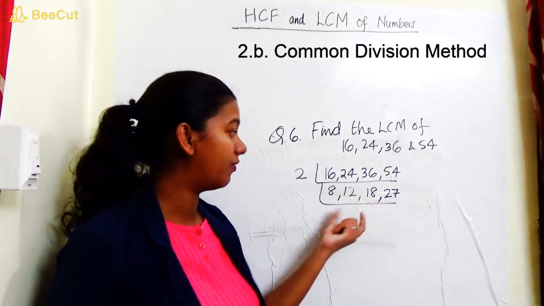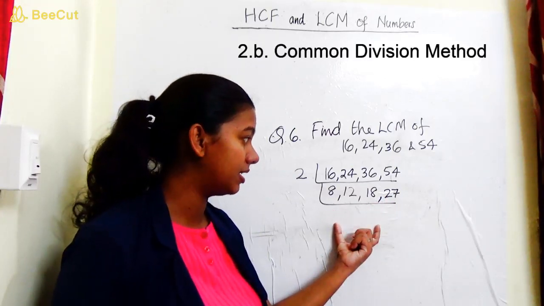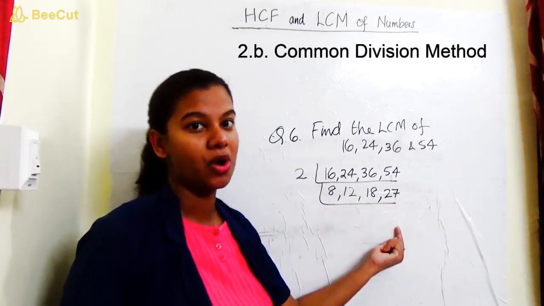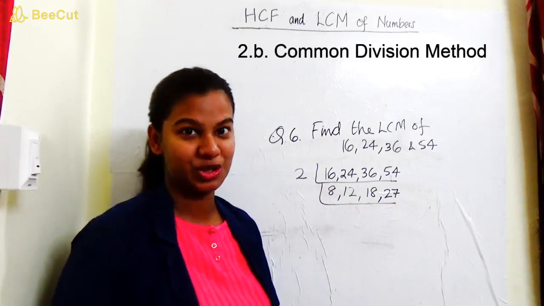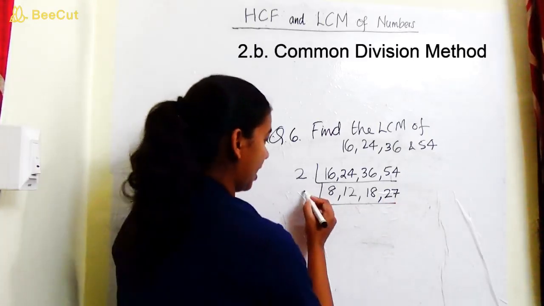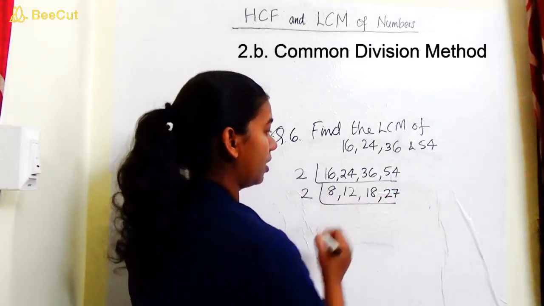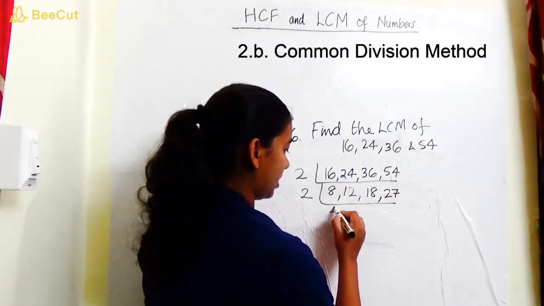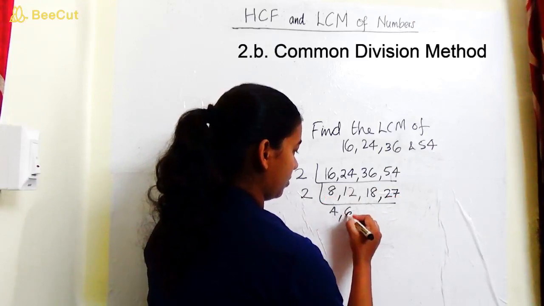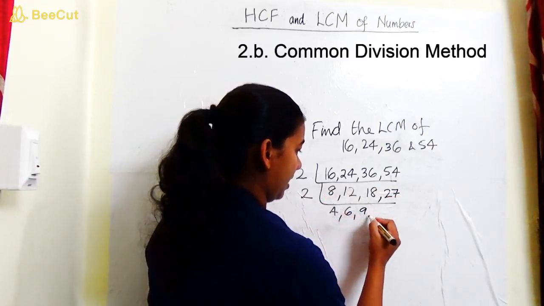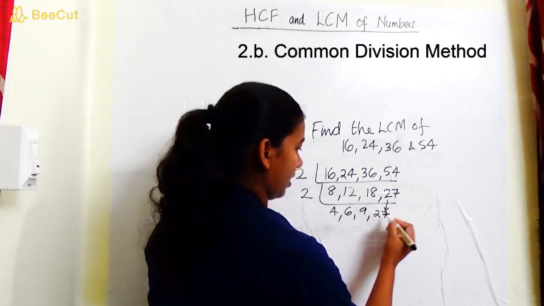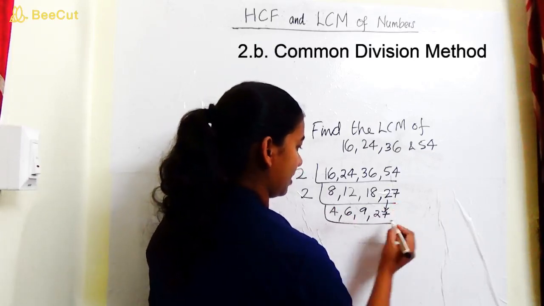So while we divide the first 3 numbers, this number will be carried forward to the next row. So I am dividing the numbers of this row by 2. 2 4s are 8, 2 6s are 12, 2 9s are 18. This I am just carrying forward and writing as 27.